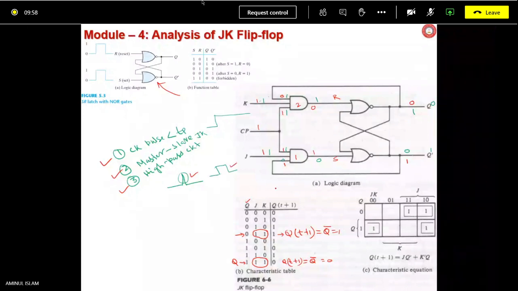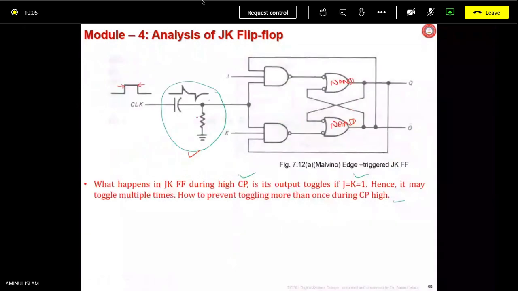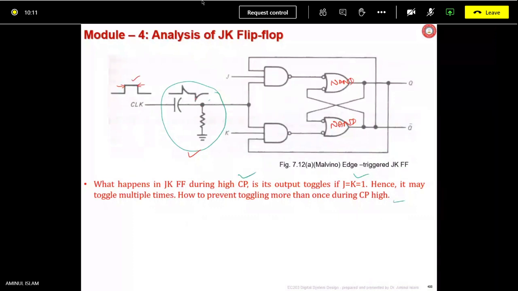These are the three solutions, and we have discussed them to some extent. Here the RC high pass filter takes the input clock, which is a square wave, and you get this kind of spike. In this case, multiple toggling may not occur.